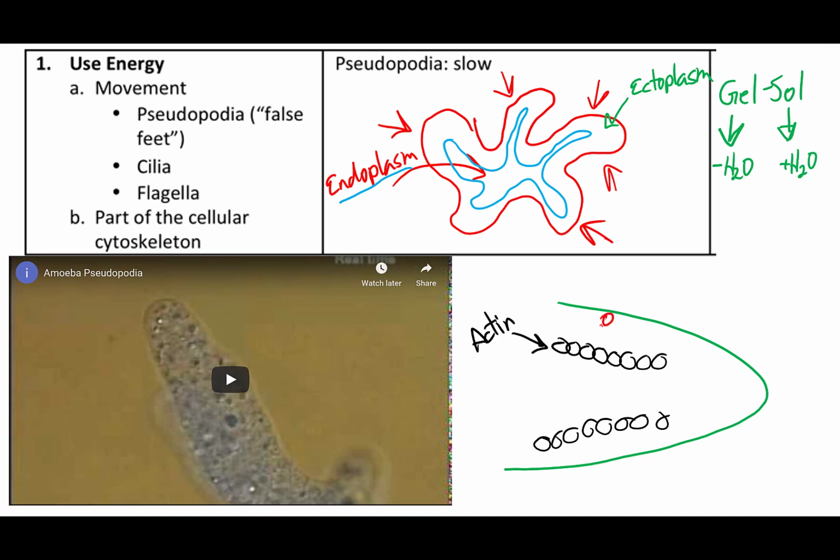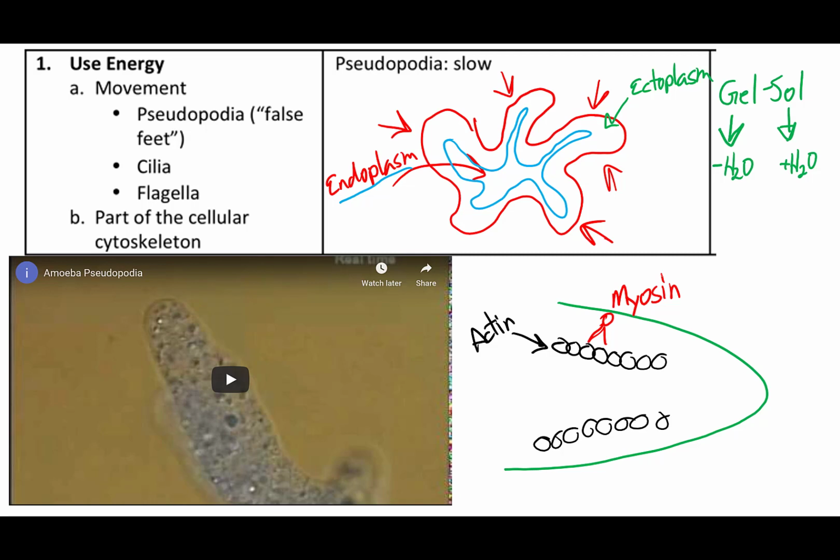And then a myosin protein, which is a walking protein. Kind of walks around. And so these microtubules are the cytoskeleton that are inside here. And so these myosins will walk and kind of push those out to extend that.